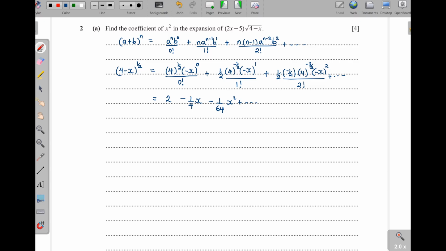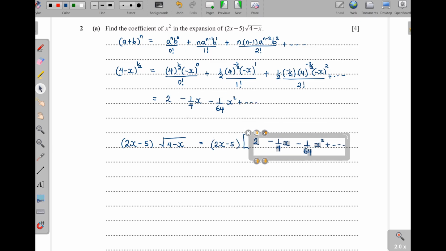So meaning that 2x minus 5 then times this square root of 4 minus x. This one is the same as having 2x minus 5 then times everything that we have gotten here. Okay, so I just bring this one and I put it there like that.